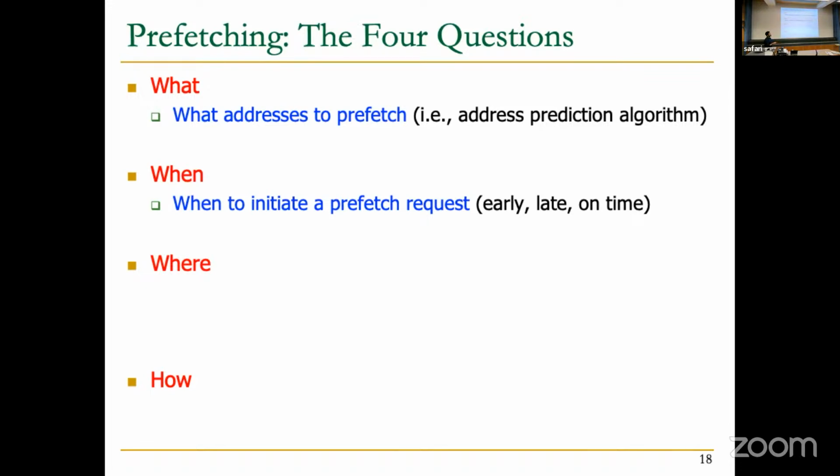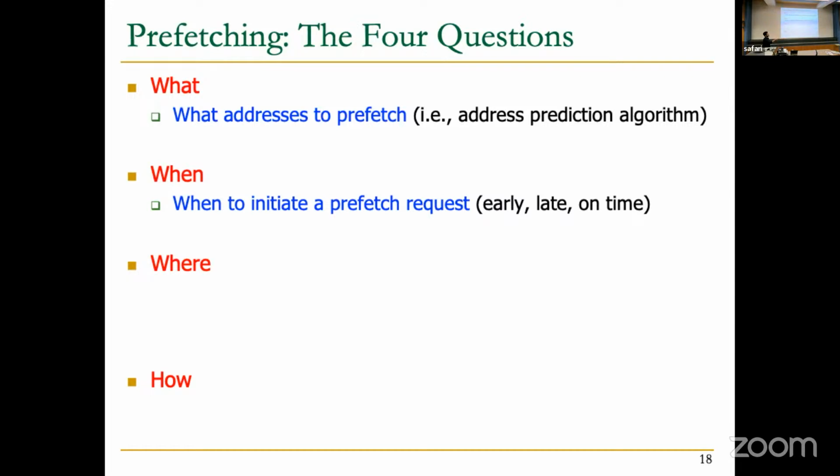If you do it way too early, there might be a chance that you have fetched the data and placed it somewhere, and by the time the processor demands it, that data has been evicted. You made a correct prediction, but you were way too early to even use it. By the time the processor actually demands it, it's gone.